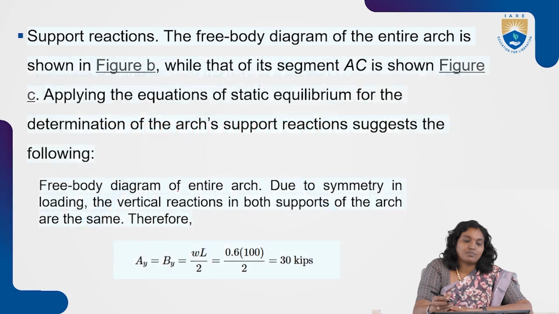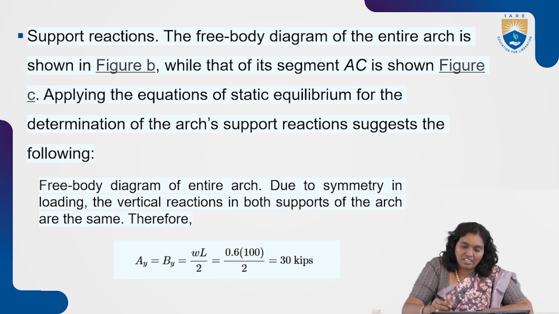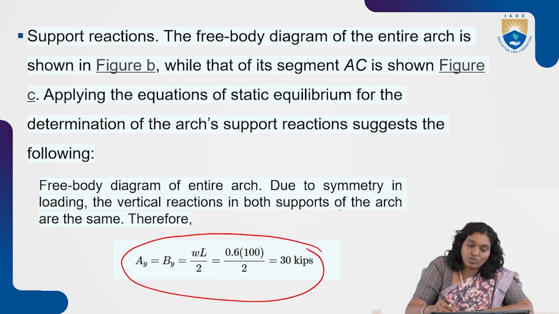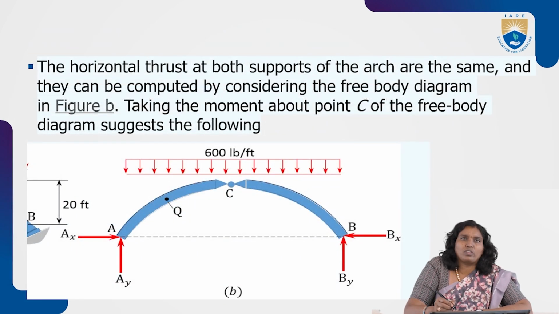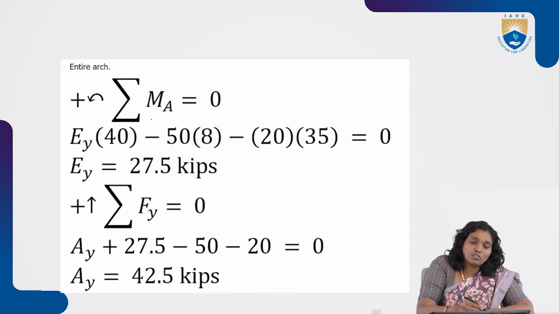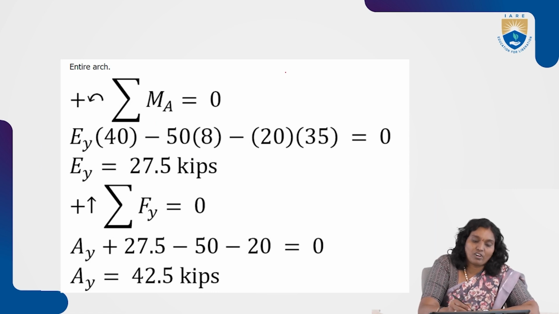So for the support reactions, first we are going to draw the free body diagram. Applying the equilibrium equations we will get the values. Here the arch is symmetric, that's why we are considering it like this. Now draw the free body diagram, considering the moments and understanding the various forces involved.